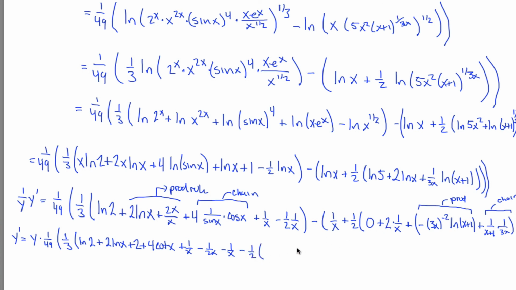And that stuff is 2 over x minus natural log of x plus 1 divided by 3x squared, that's this thing, plus 1 over 3x times x plus 1, this thing here. Oh man, what a mess.